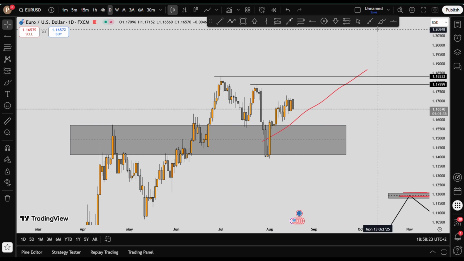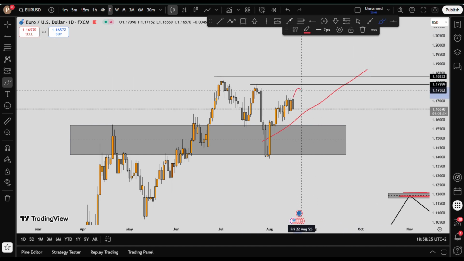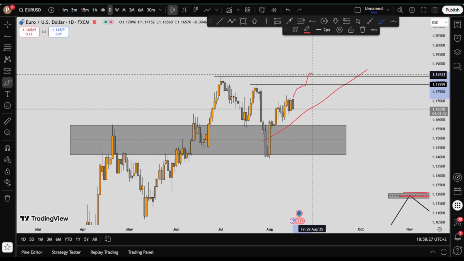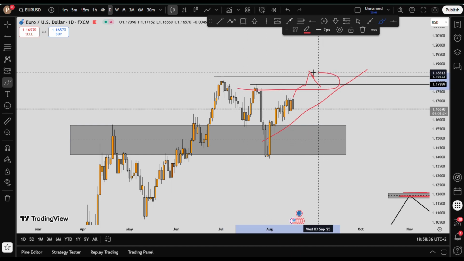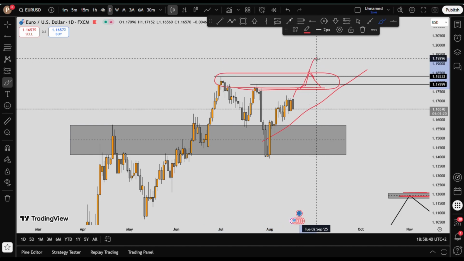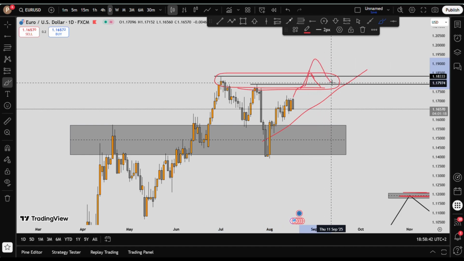So we need to see price come here, break, close above, come back, give us a retest, and then at these levels here, we need to be seeing bullish price action forming and entering. We should be entering on this move here.